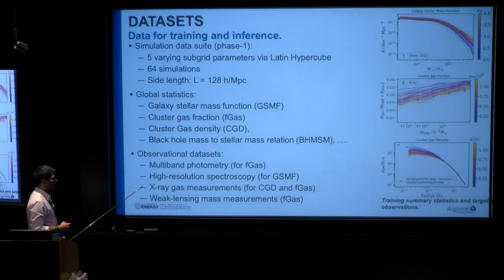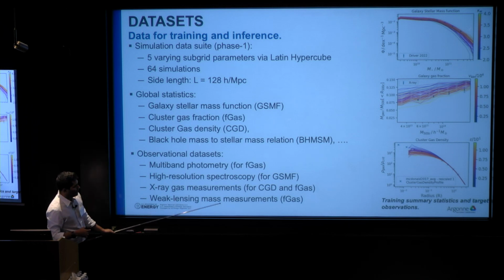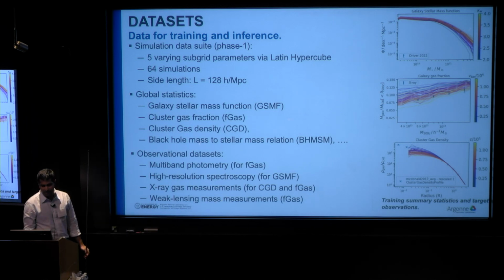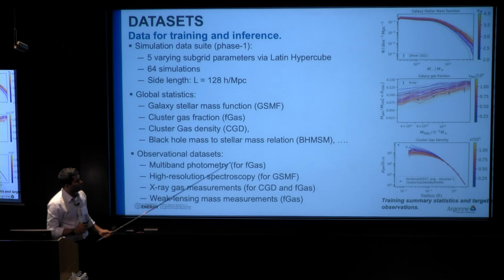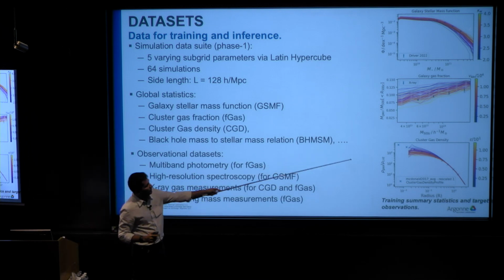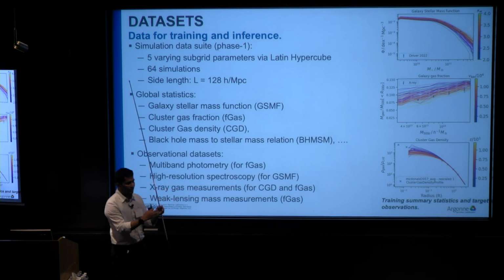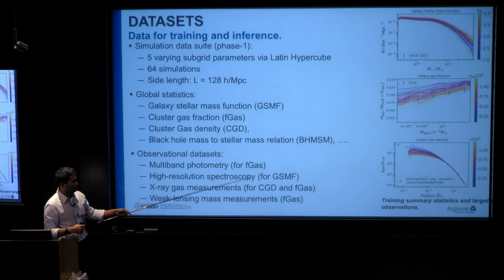We use X-ray data from Chandra and XXL for cluster gas densities and galaxy fractions. And we use HSC's weak lensing mass measurements for the cluster gas fractions. You can see all these blue dots here. Those are the observational data sets. And you can see the coverage of our emulated summary statistics and the observational targets.